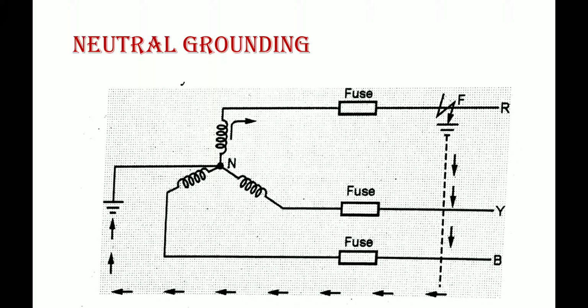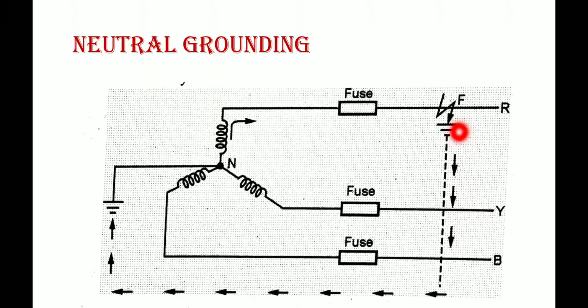If an LG fault occurs on the line I have considered here, that is the R phase, at point F, what will happen next? Due to this LG fault, current will flow through the ground path, which is shown in the figure. See how the current flows.